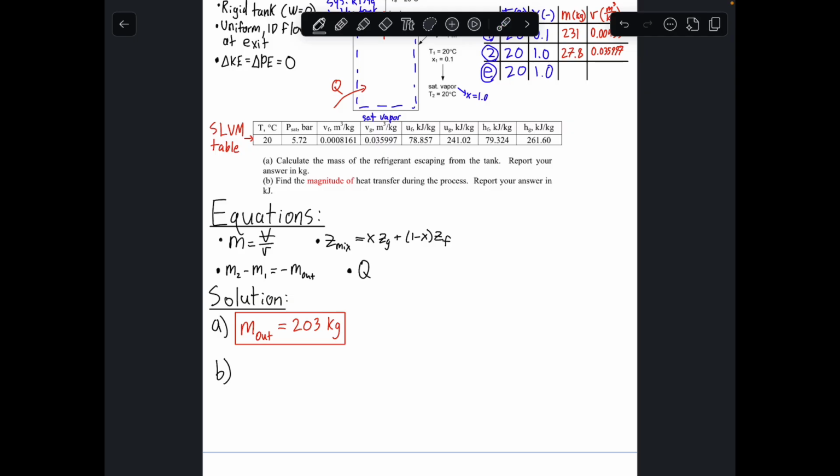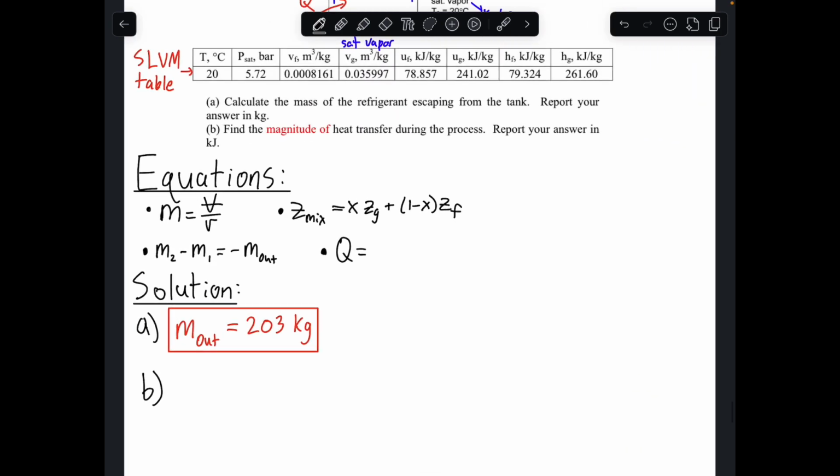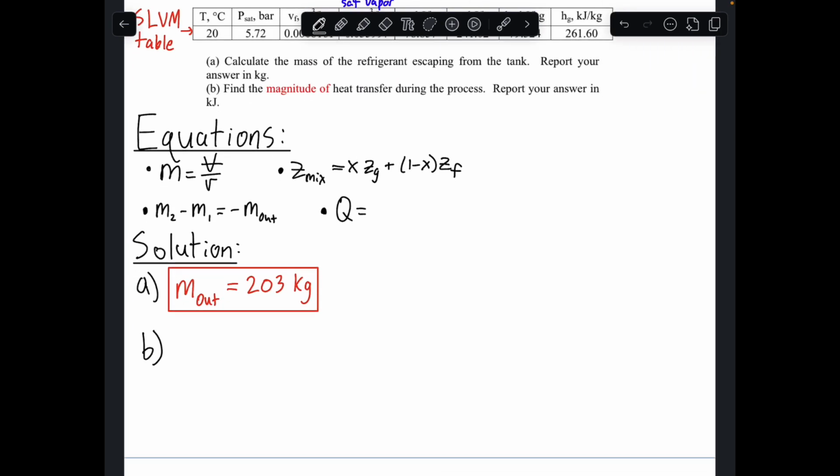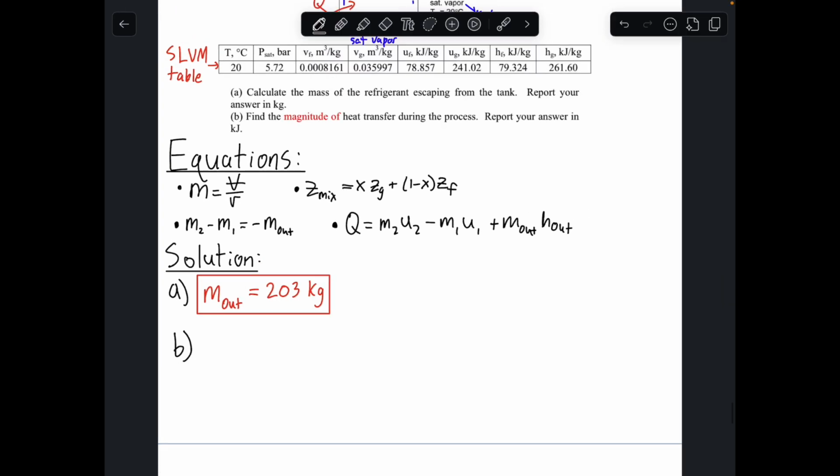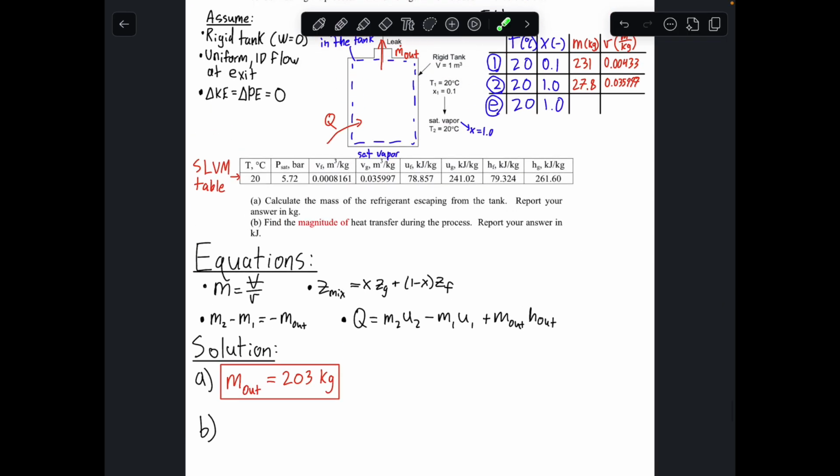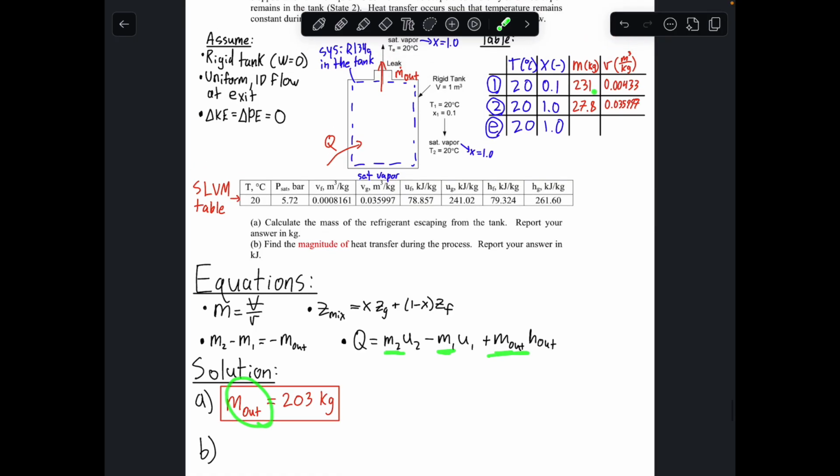But I'm just writing it out in the simplified form since I did the derivation down by the equation sheet. So this should be equal to M2U2 minus M1U1 plus M out H out. Like I said, we already have M out, which we found for the last part of the problem, and we also found M2 and M1.